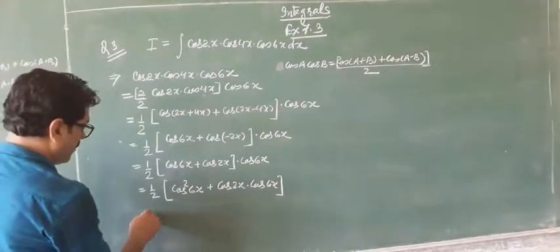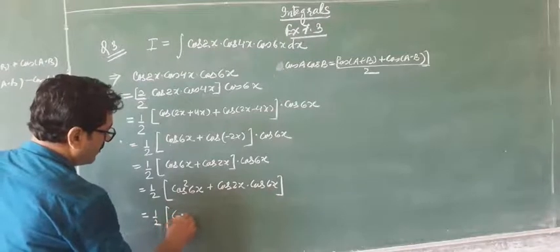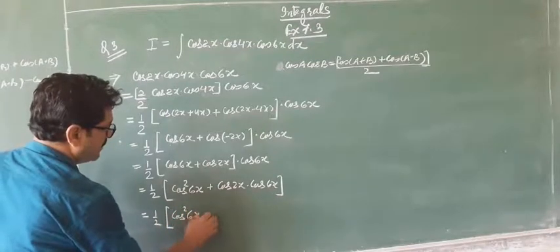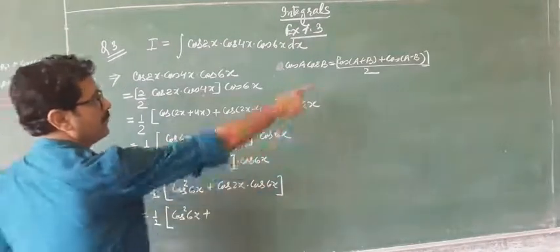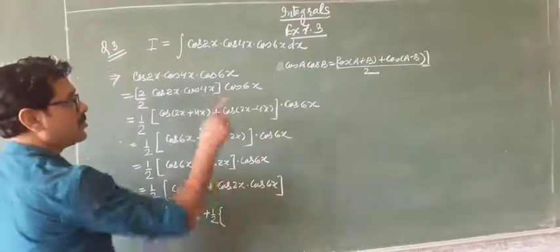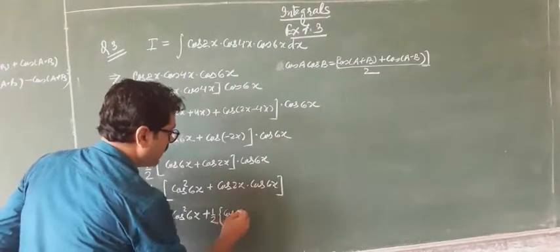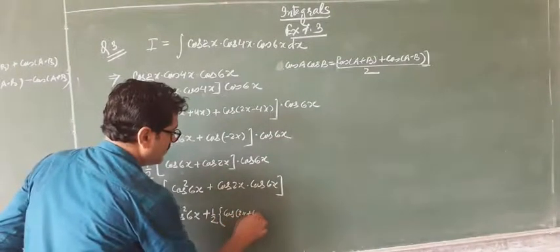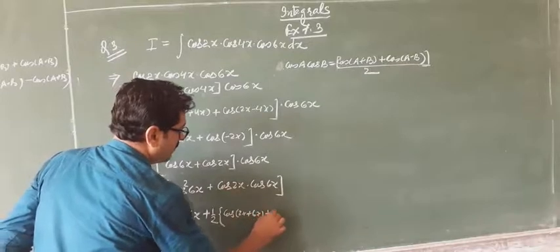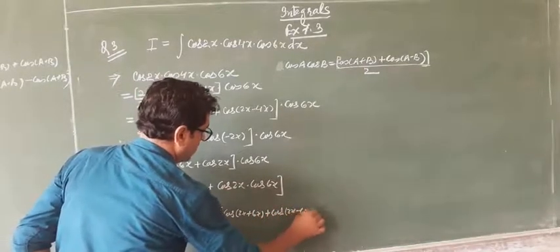So 1 by 2 cos square 6x plus 1 by 2 cos of A plus B, so cos of 2x plus 6x, plus cos of 2x minus 6x.